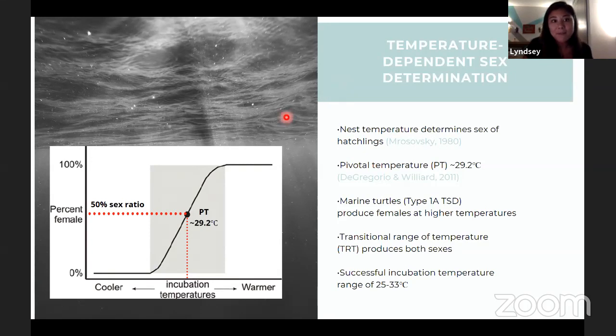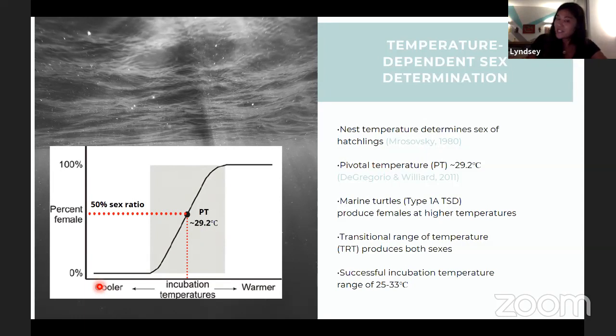So an important parameter to define is called the pivotal temperature. And this is the temperature at which there's a 50-50 sex ratio of males and females. For most species and geographic locations, the pivotal temperature is close to 29.2 degrees. For marine turtles, temperatures above this, as I mentioned, are going to be more females, and temperatures below this will be more males.